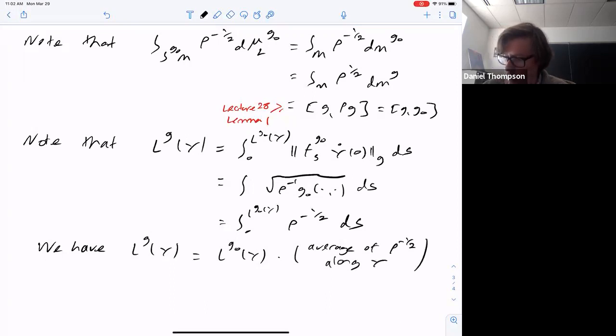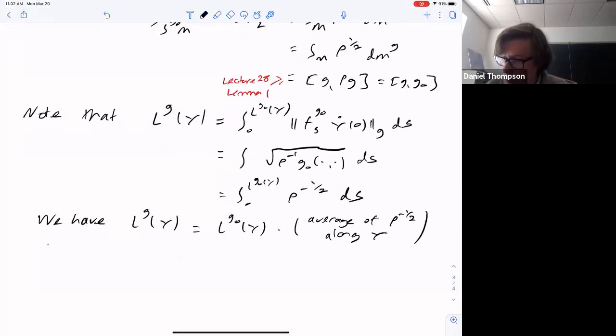I'm just writing it like that to be suggestive. To make this an average, I can divide through by L_g0 of gamma, and then, of course, I get a spare L_g0 of gamma term there.